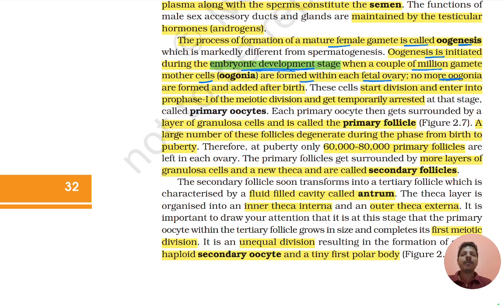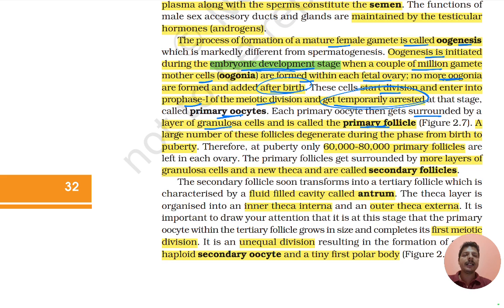No more oogonia are formed or added after birth. This cell starts division, enters into prophase 1 of the meiotic division and gets temporarily arrested at the stage called primary oocyte. Each primary oocyte then gets surrounded by a layer of granulosa cells. It is called the primary follicle.